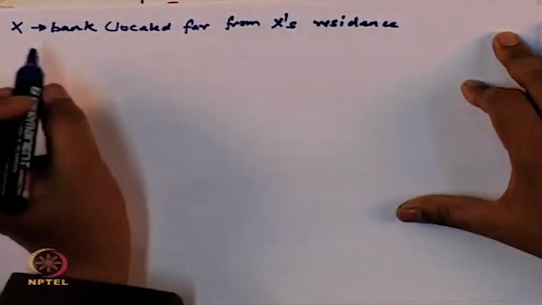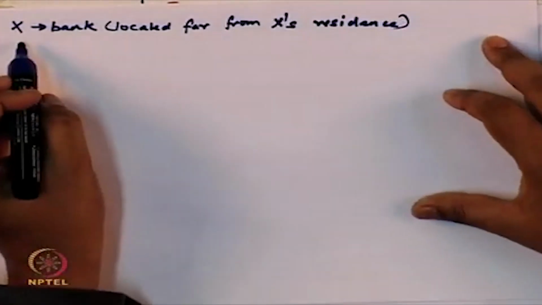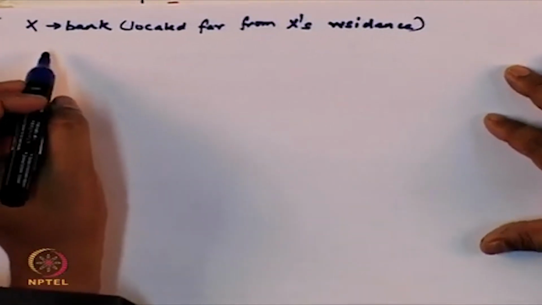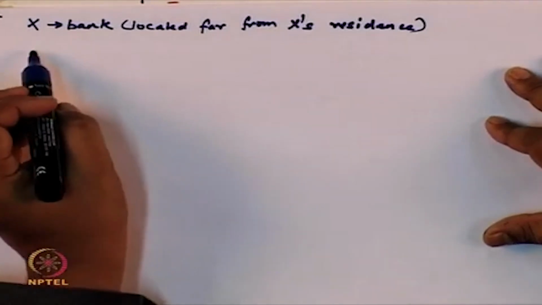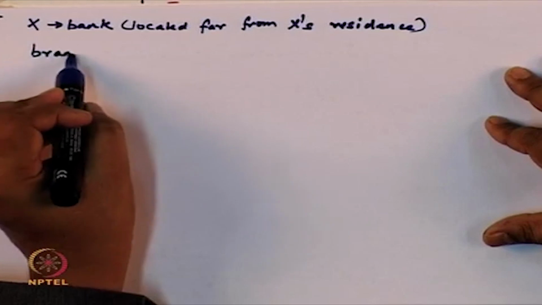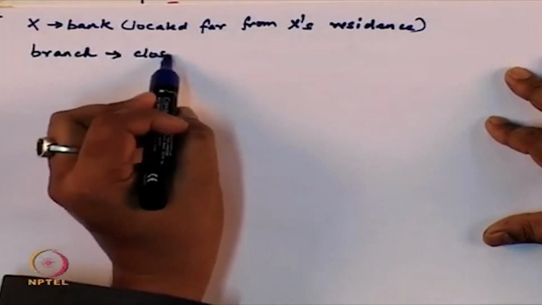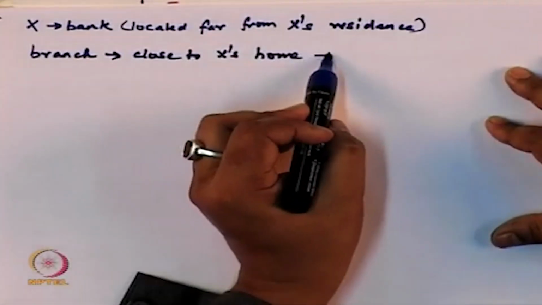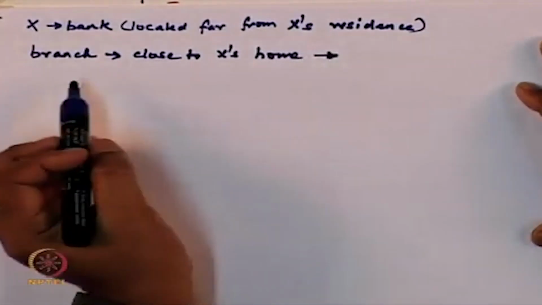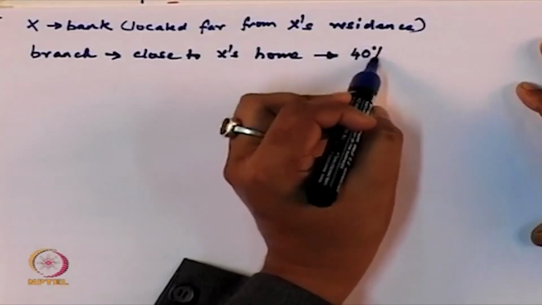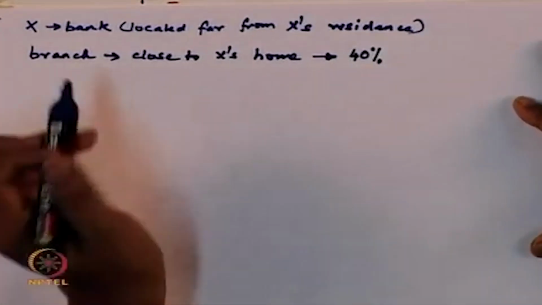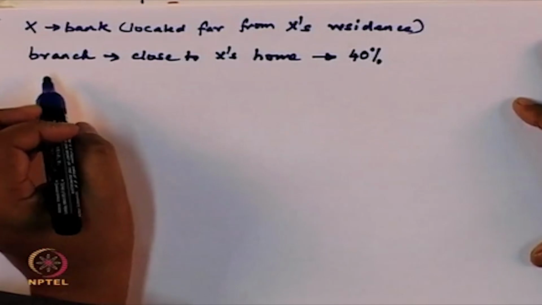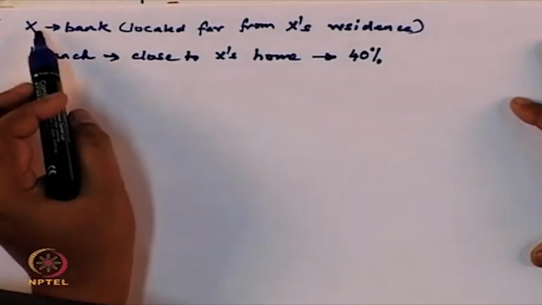He is eager to join a bank which is close to his home, and he has gotten a piece of information that the bank is considering opening a branch close to X's home.